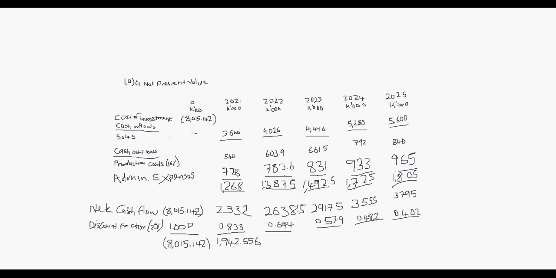So our figure will be 1,831.119. Next, 2,917.5 multiplied by 0.579.